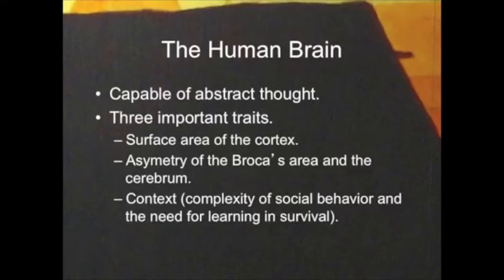Then when abstract thought occurs, it really incorporates three very important qualities of the human brain, or traits. First, the surface area of the cortex, this outer covering of the brain, is rather large, and it has very complex convolutions, and the overall shape of that cortex and various features within that cortical surface are very unique when we're looking at the human brain.